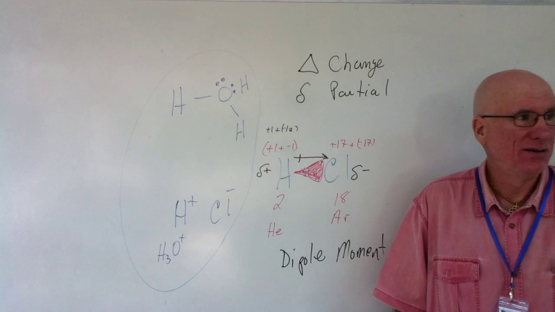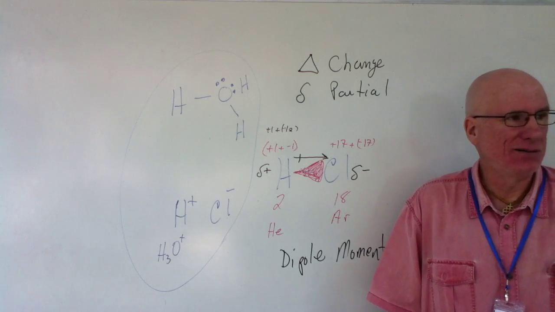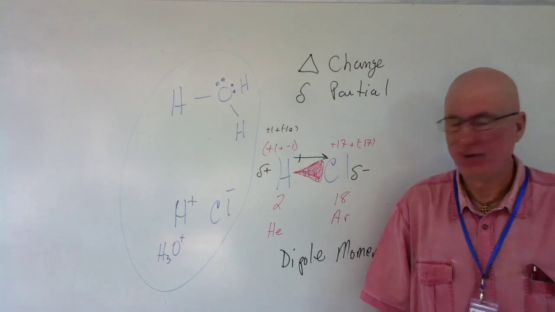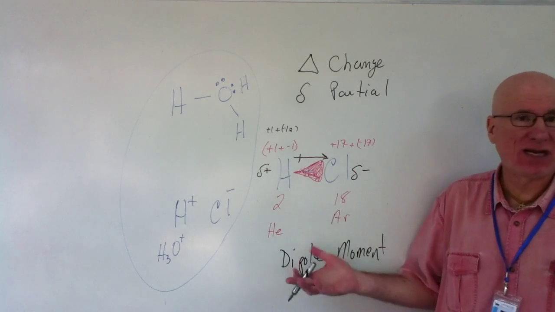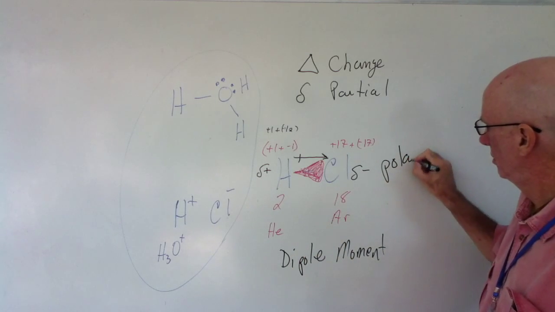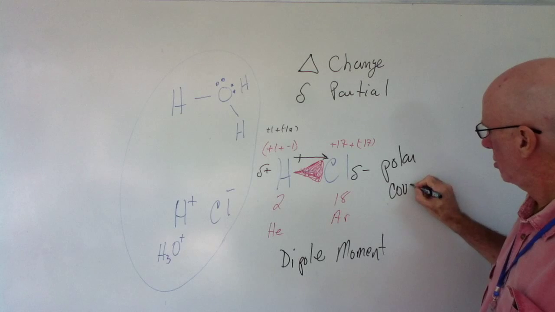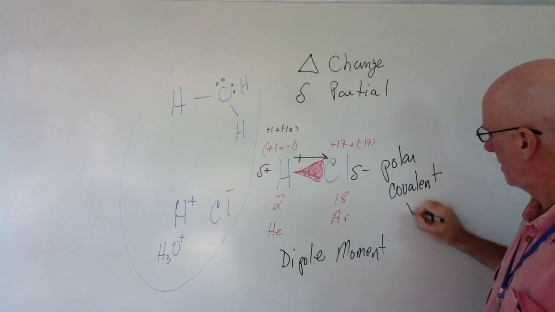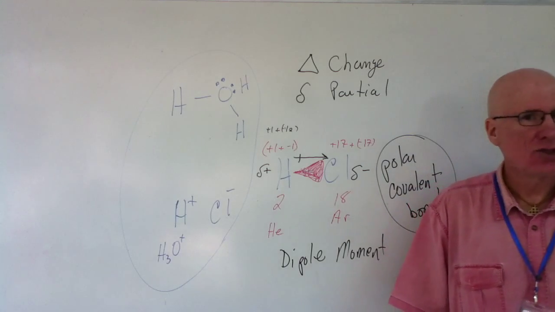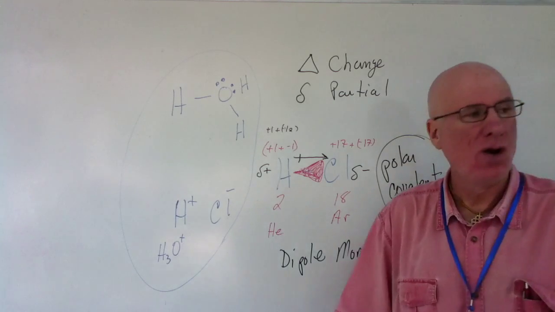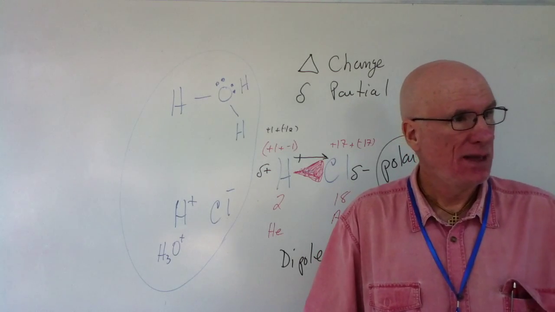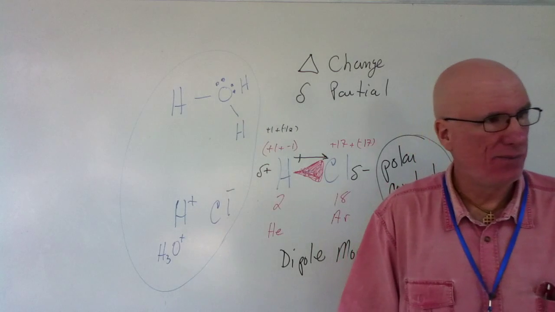It's a word. You don't like the word? I don't care. Reinvent chemistry and come up with your own language if you have no life. Okay? It's called a dipole moment. It's a shift in the cloud. Make sense? This means it's polar. Polar covalent bond. Yes? So a bond can be polar or non-polar. Correct?